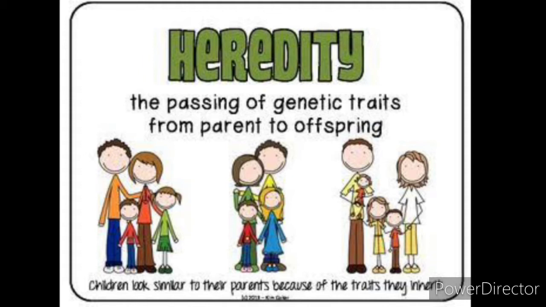The father of genetics is Gregor John Mendel. Now look into the picture, children. He is the father of genetics, Gregor John Mendel. He was an Austrian monk. He discovered the basic principle of heredity through his experiment. So what is this experiment about?